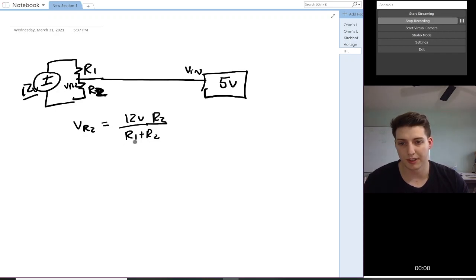So now we can set up R1 and R2 such that V_R2 does not exceed 5 volts. And this will keep our device safe as long as our source remains at 12 volts.